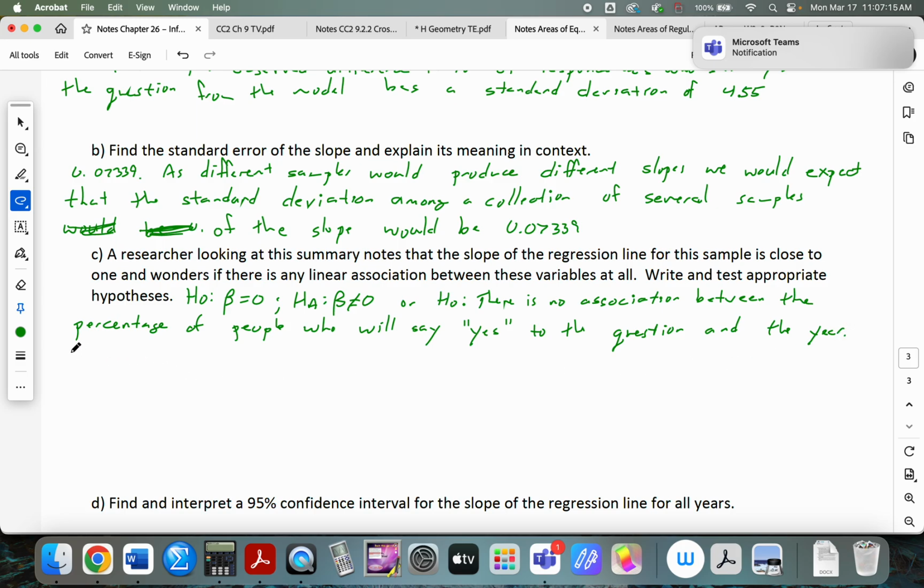And then the alternative would be there is an association.